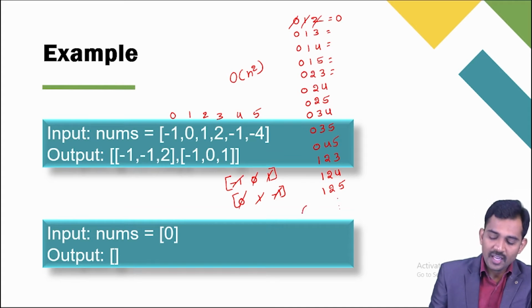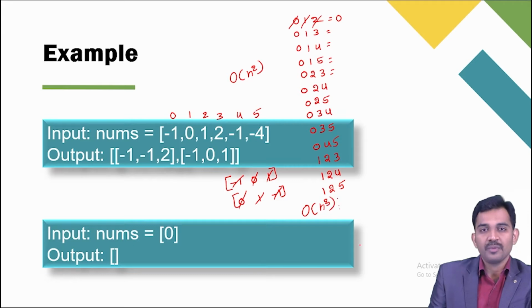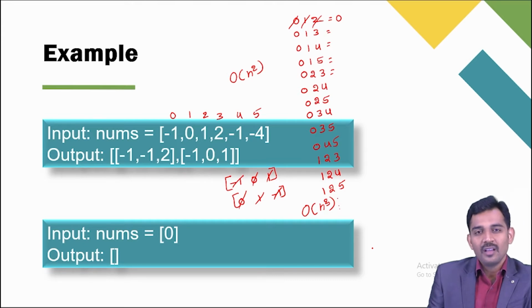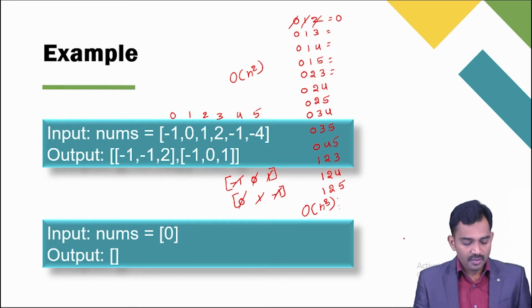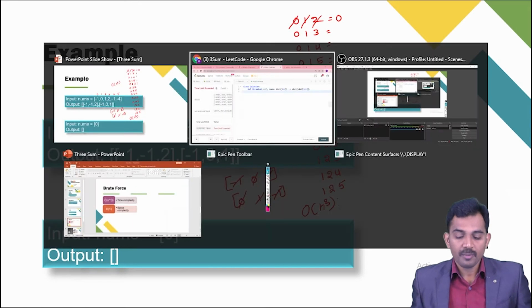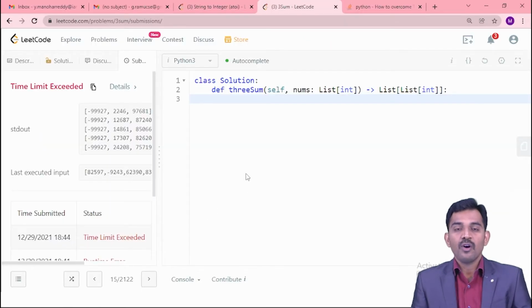Yes, exactly, it goes to a time complexity of n cubed. Got it? Let us see how to solve this problem with brute force, and after that I am going to solve this problem in big O of n squared. First, we will see the problem in big O of n cubed, meaning the brute force method.